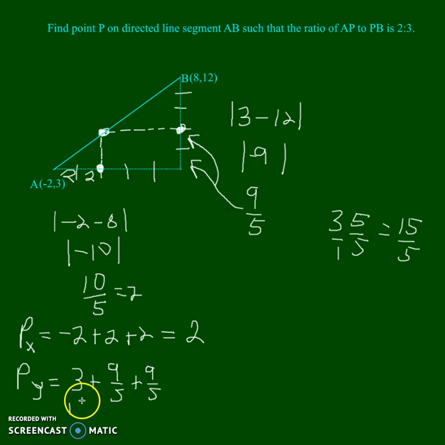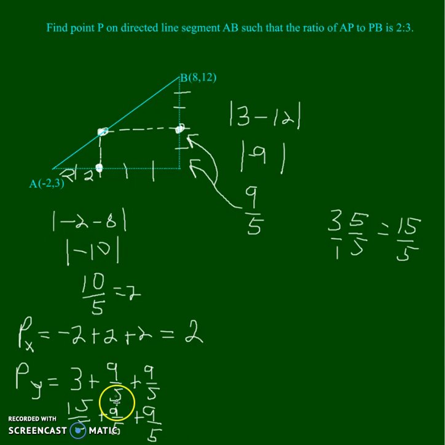So we have 15/5 plus 9/5 plus 9/5, which comes out to 33/5.